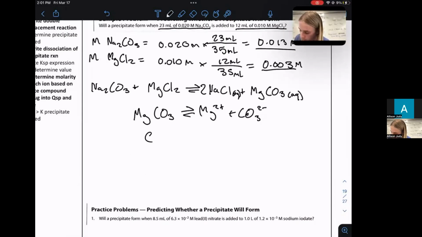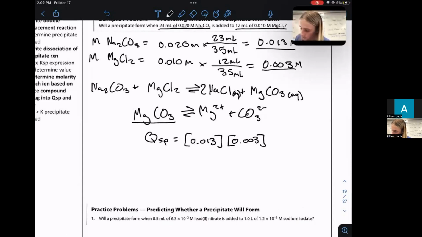So the Q value for the dissociation of magnesium carbonate is going to equal the concentration of carbonate, which is 0.013 molar, times the concentration of magnesium, which is 0.003 molar.